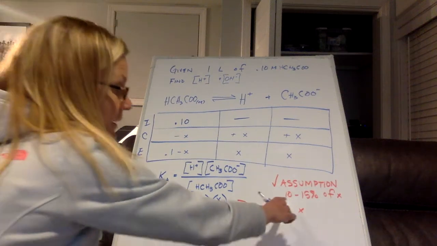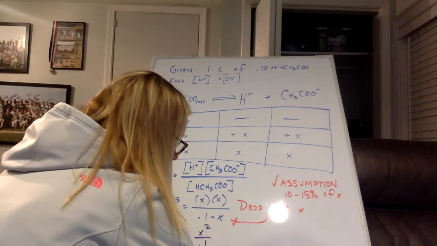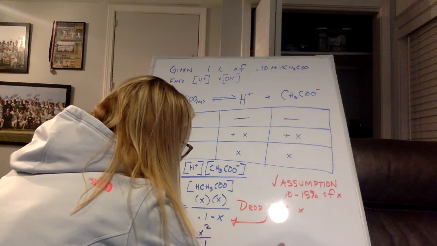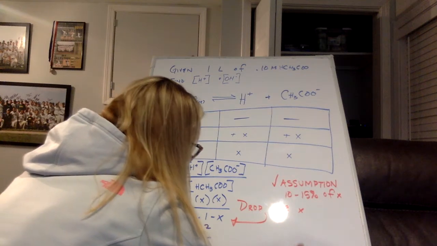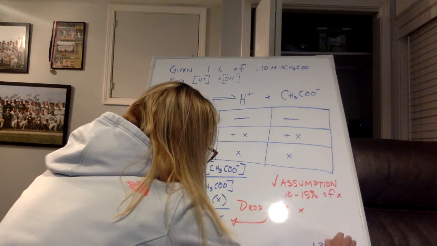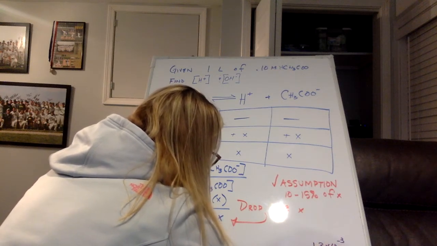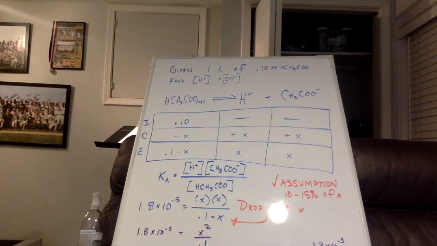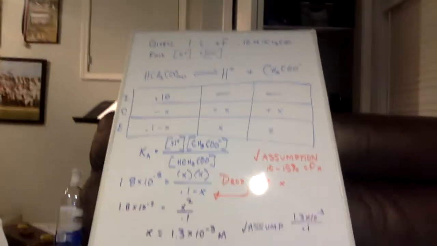This is most definitely less. So I check my assumption, it's okay. Because if I have 1.3 times 10 to the negative third divided by 0.1, it's definitely going to work out.